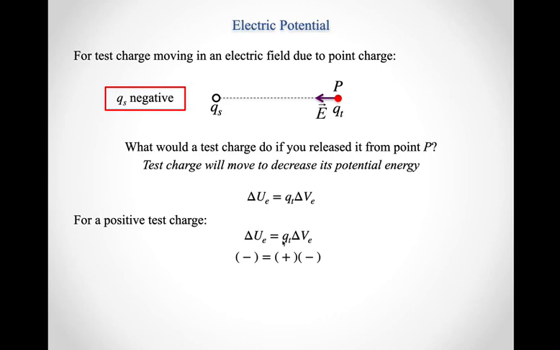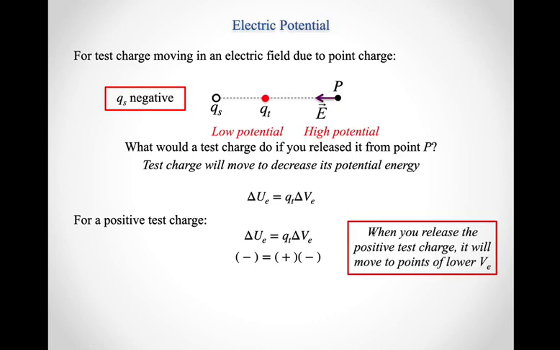If that test charge is positive, well, if it's moving to decrease its potential energy, the left-hand side's got to be negative, which means the product over here on the right also has to be negative. If it's a positive charge, that tells me that my change in the electric potential has to be negative.